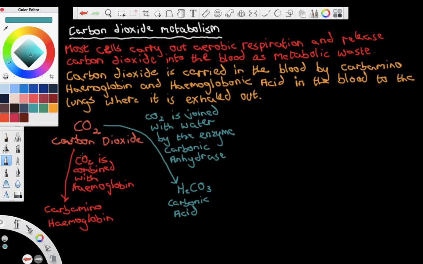So carbon dioxide can be joined with water using the enzyme carbonic anhydrase to form carbonic acid.